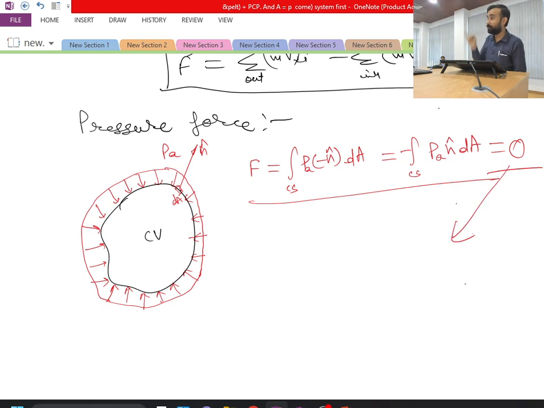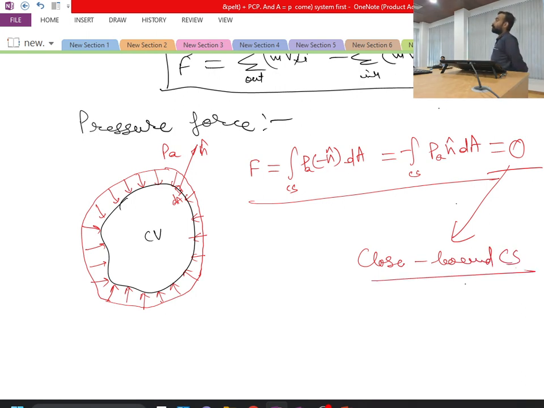If you have a closed bounded control surface, and over that surface pressure is acting uniformly from all the directions, then ultimately the force because of pressure on that will be equal to 0.